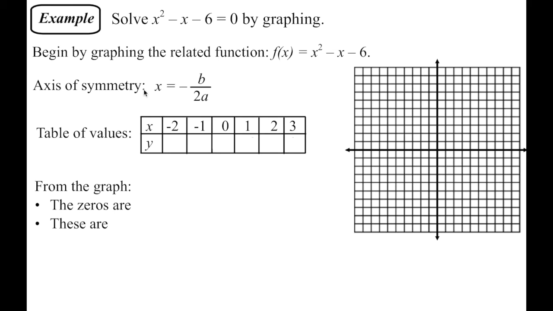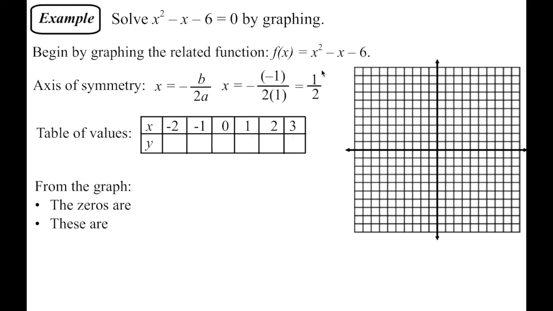From our last video we learned that to find the axis of symmetry we use the formula negative b over 2a, where b is the coefficient in front of the linear term, a is the coefficient in front of the quadratic term, and in this example b is negative 1 and a is positive 1. So we take the opposite of b divided by 2a, and that gives us an axis of symmetry of positive 1/2.